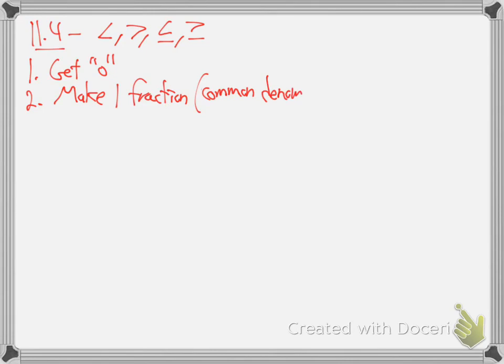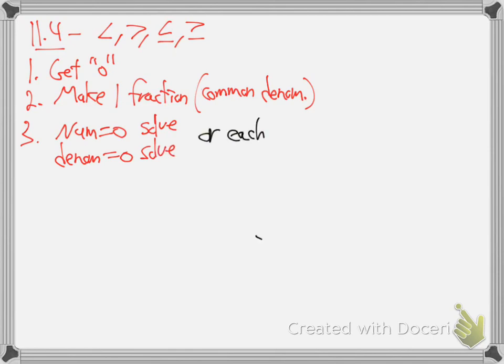And then step 3, numerator equal to 0. Denominator equal to 0. Solve, or each parenthesis equal to 0 and solve each set of parentheses. So you'll see what I mean as we go.